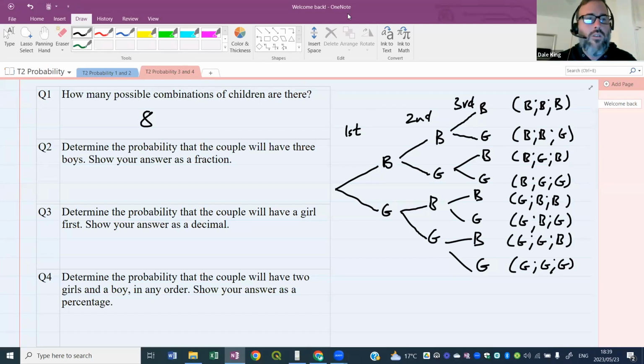Who would like to answer question 2? Emmanuel, you're there. Should we try and see if your microphone is working? Yes, sir. Excellent. Question 2 says, determine the probability that a couple will have 3 boys. Show your answer as a fraction.